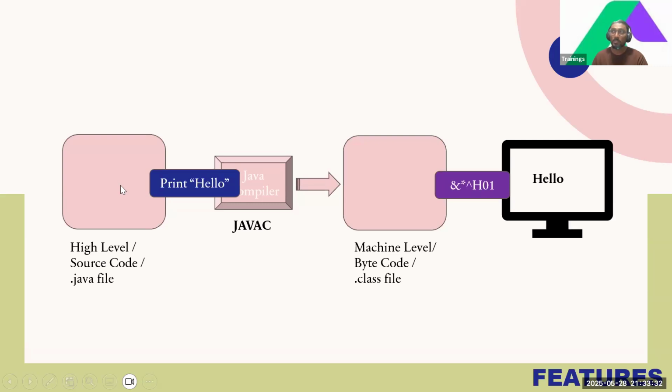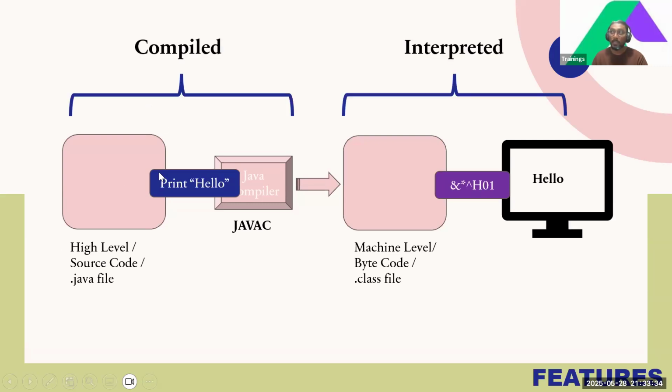So the first step is where we are compiling the code, and here we are executing the code. That makes Java compiled and interpreted. Java has a feature where I can write the code in my understandable language and give it to the Java compiler.